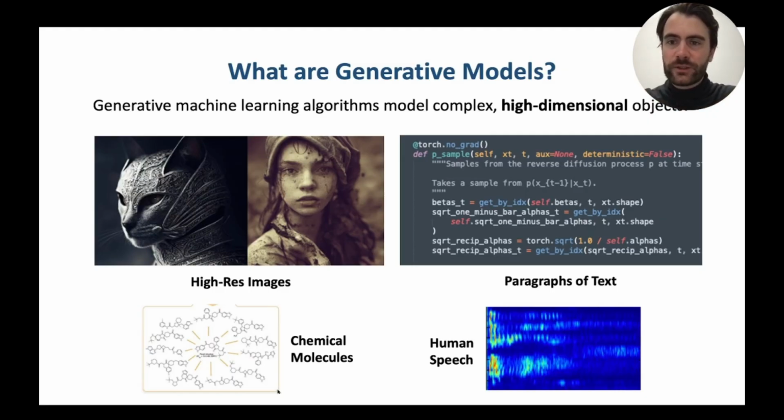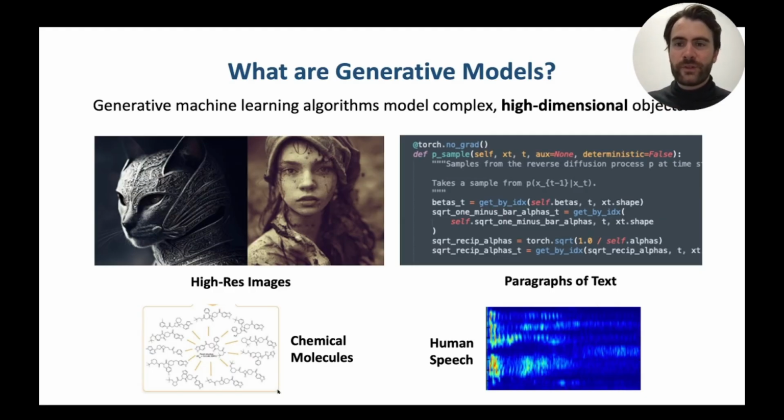Now, another example of high-dimensional data would be text. This is the example on the right side of the slide. Here you see a snippet of code, a small piece of code that implements one of the components of a generative modeling algorithm that we will see in the course.